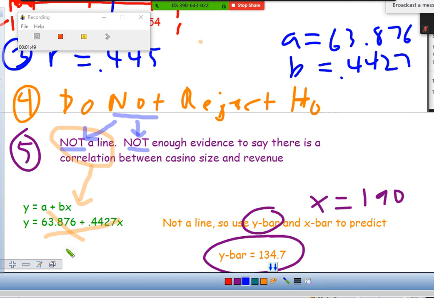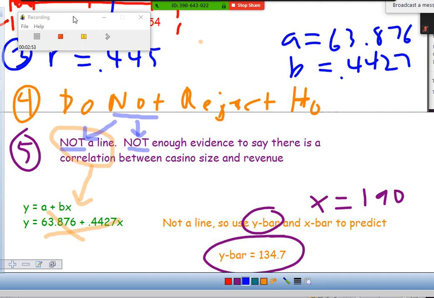I have a line, but it's useless. It's a worthless line. Are you guys following me? So instead, you should use Y bar. What's my best guess when X is 190? Y bar. What's my best guess when X is 1,000? Y bar. What's my best guess when X is 0? Y bar. It's always going to be Y bar, because your data is not a line.